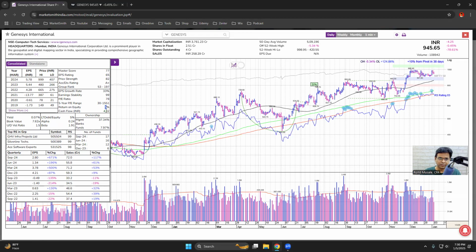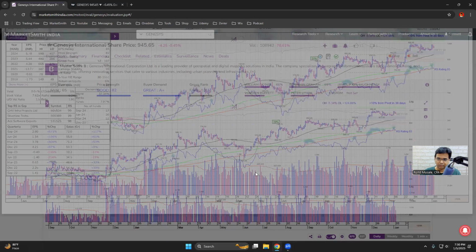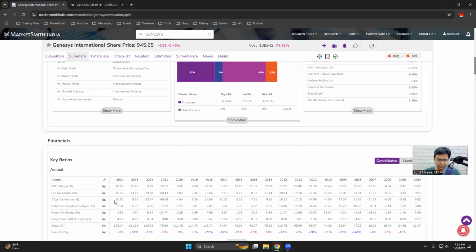And if the return on equity is not more than 17%, I look for margins. So after tax margin, you will find here. Scroll down. This is after tax margin. Highlight the latest 10 years. Okay. And see where your stock is. As you can see, latest years from 2019 to 2024, 1, 2, 3, 4.